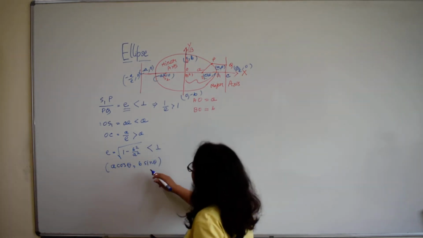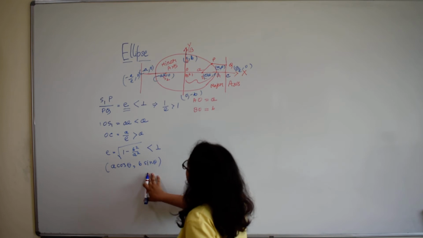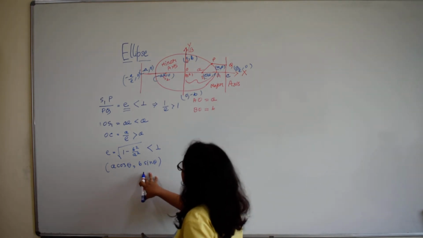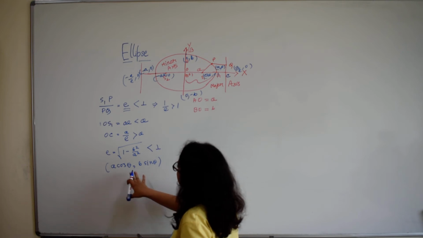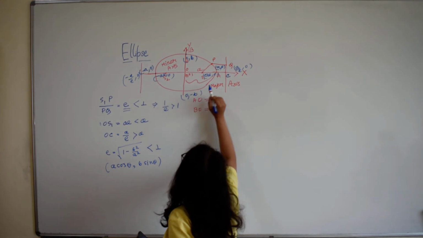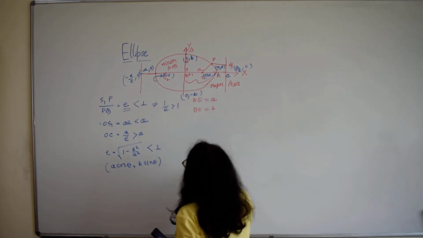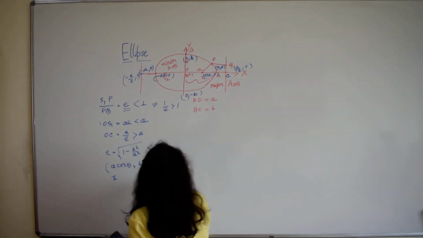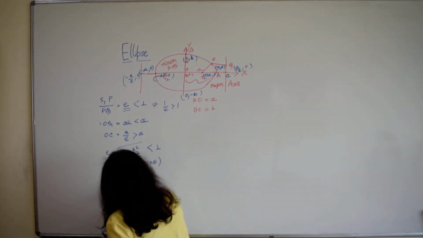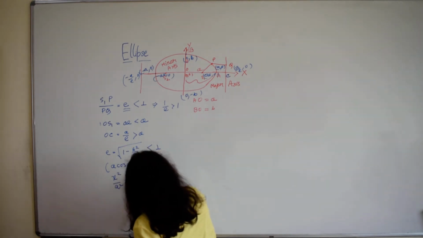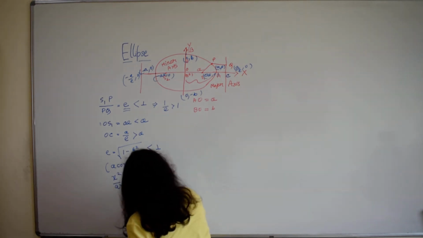This is an important formula for the point, because whenever we are asked to find the location of a general point, we have to use this equation. Then we can easily find the ellipse formula, and the general form of the ellipse will be x square by a square plus y square by b square equals 1.